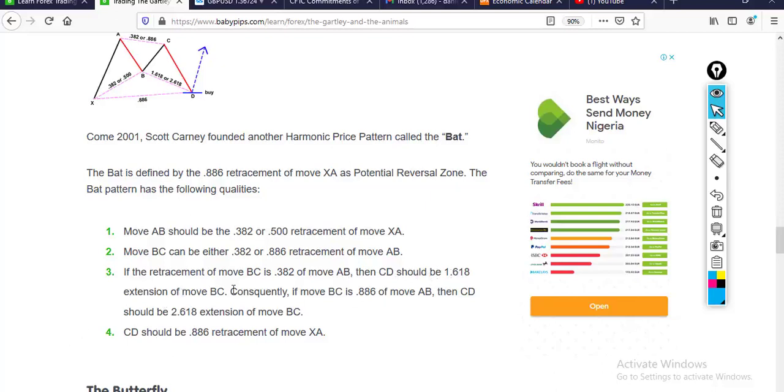Consequently, if move BC is 0.886 of move AB, then CD should be 2.618 extension of move BC. CD should be 0.886 retracement of move XA.